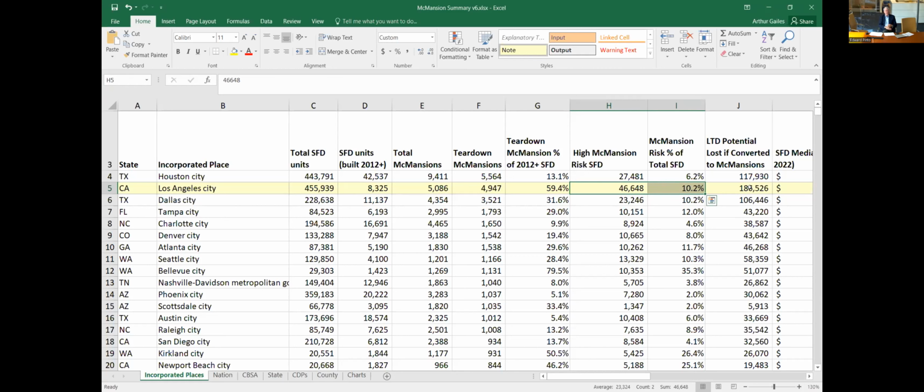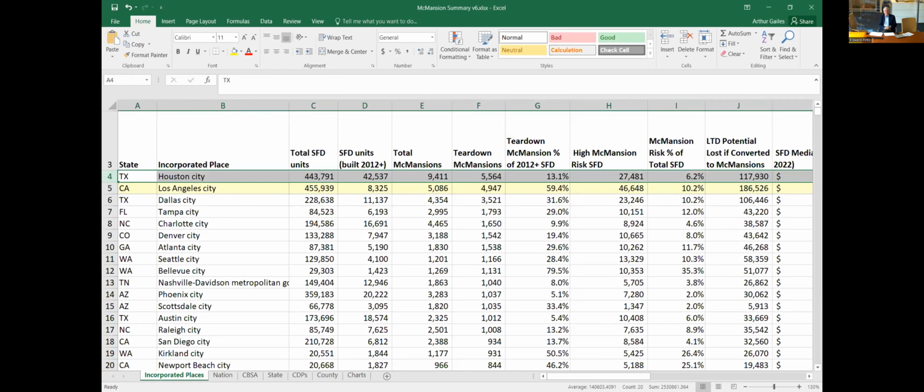That supply, as I said, is currently high priced, but it's much lower priced than what gets built or takes place. Now, Houston also has a fair amount of McMansionization going on. It has more McMansions built than Los Angeles. However, Houston built 42,000 single family detached since 2012, versus Los Angeles built 8,000.